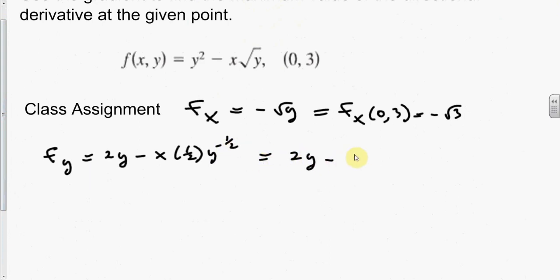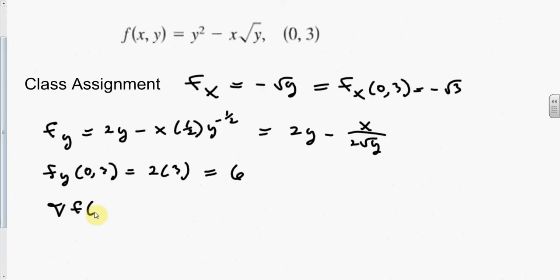That's 2y minus x over 2 times the square root of y. We find this partial derivative at the point 0, 3. So that's just 2 times 3 minus 0 divided by 2 times the square root of 3. So this is just 6.